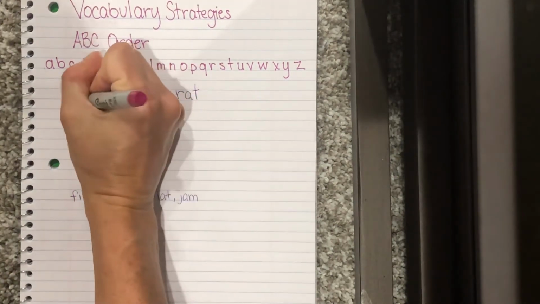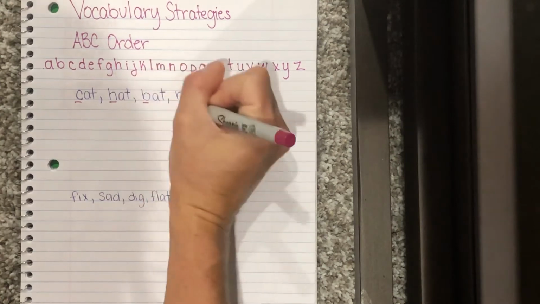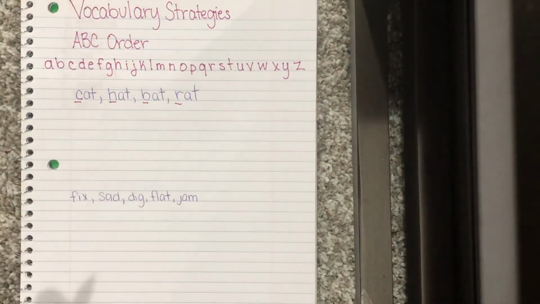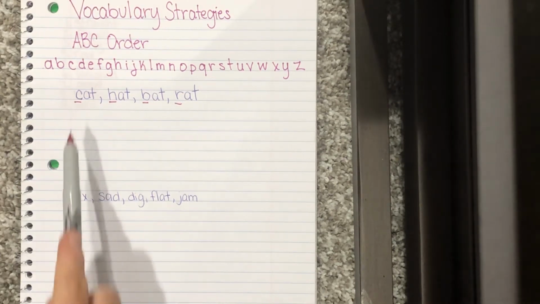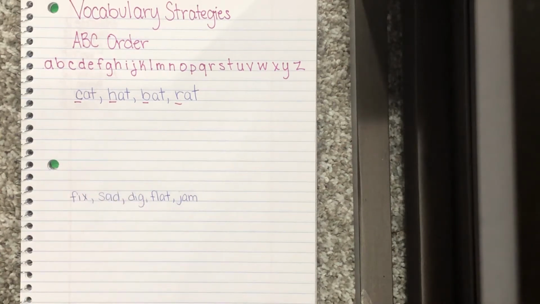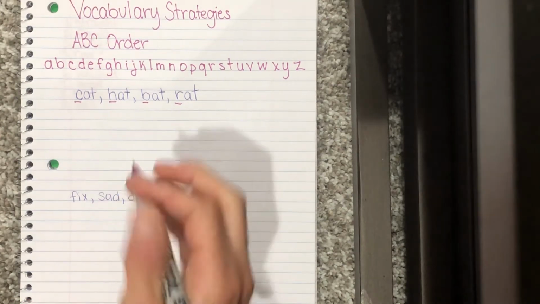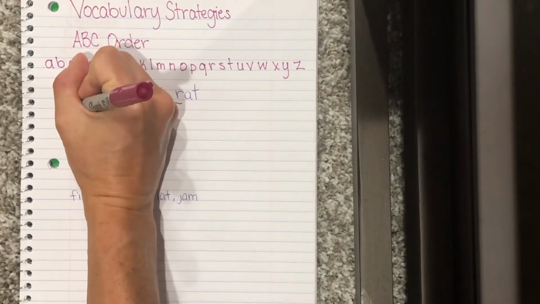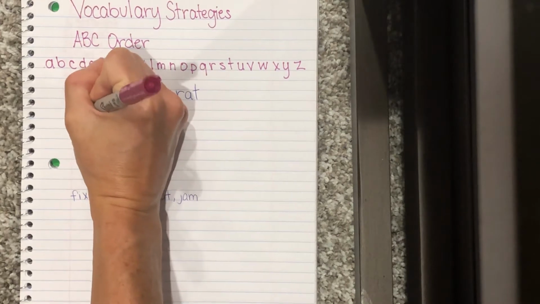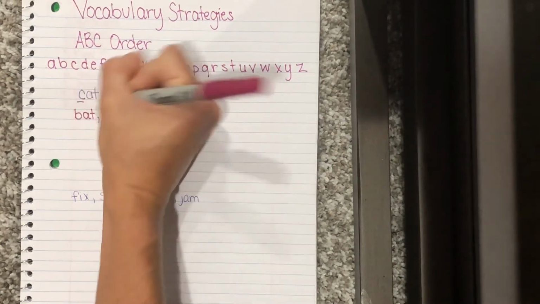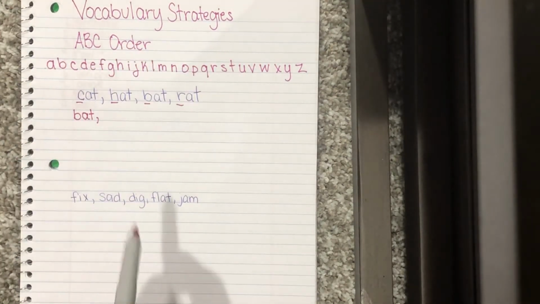I have C, H, B, or R. Which one comes first in the alphabet in the ABC order? C, H, B, or R? A, B, B. B for bat. Bat would come first. So if I was going to write these words in ABC order, bat would go first.